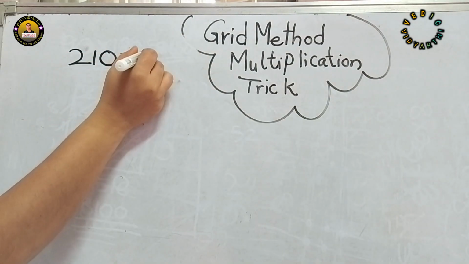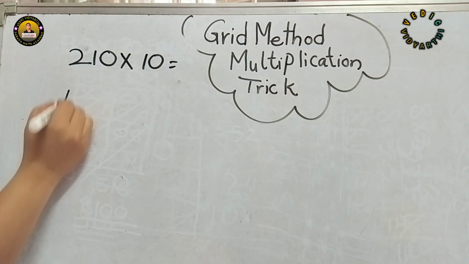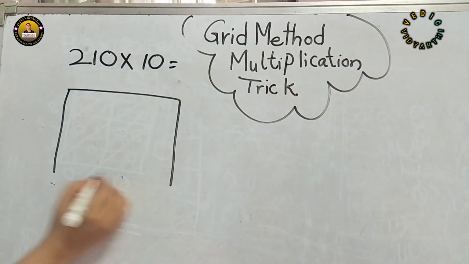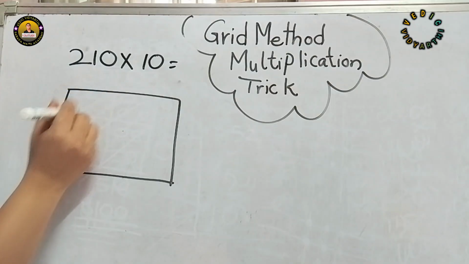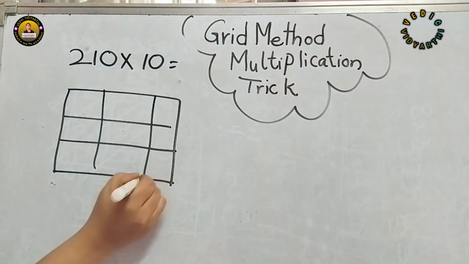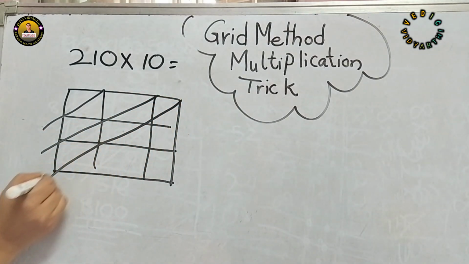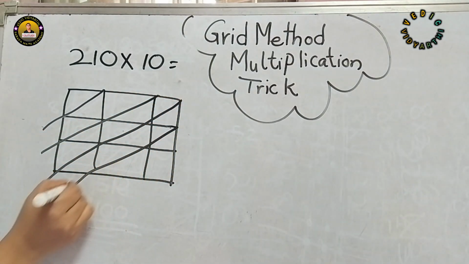210, and we are going to multiply with 10. Let's draw the grid box. So we have here 3 that we have to draw accordingly. Like this.